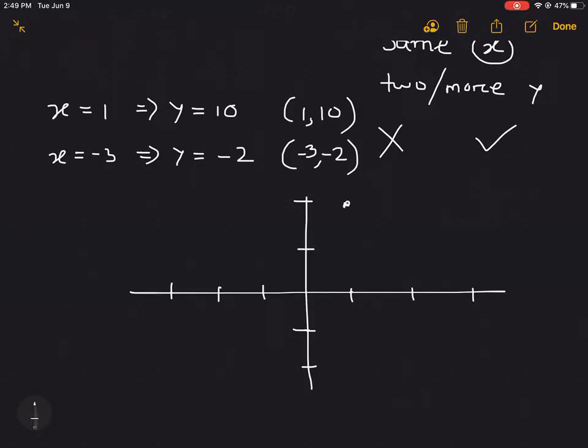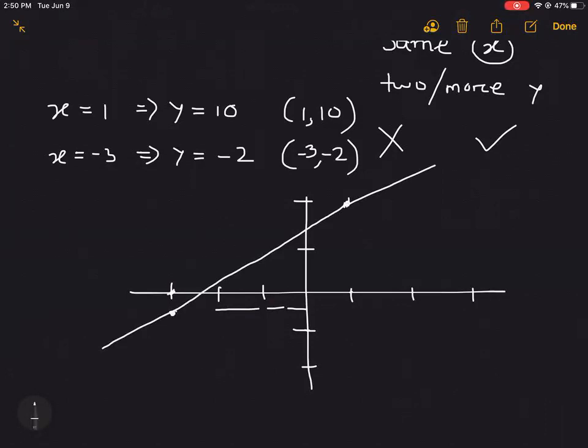And -3, -2. So that's -1, -2, -3 here, and -2 will be somewhere here. Okay, yeah. So that's our point. So if I just add these 2 lines, this will be the graph of the given equation.